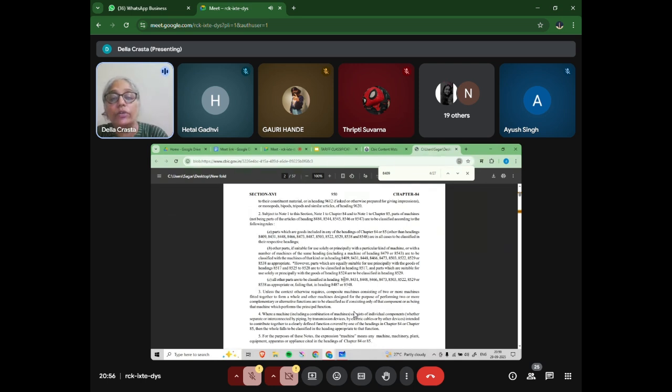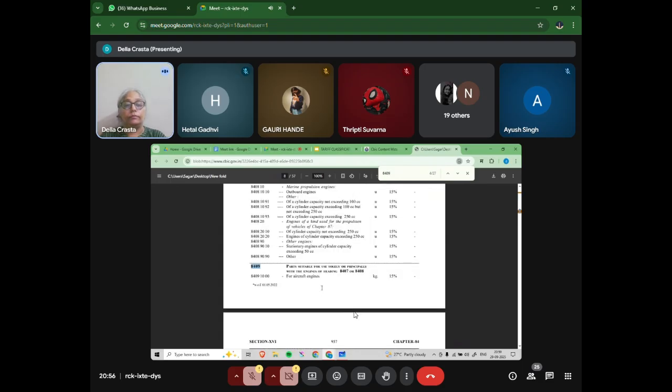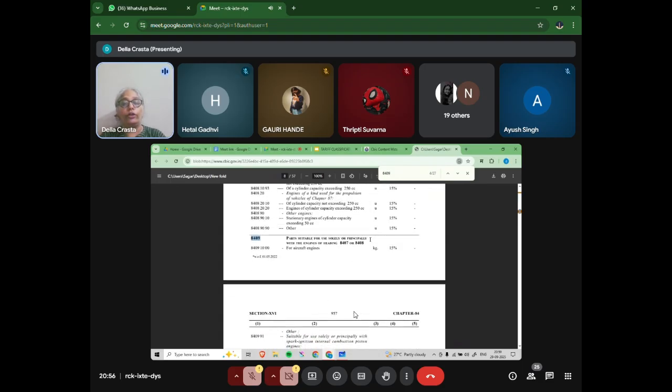Ours is 8409. Parts suitable for use solely or principally with the engines of headings 8407 or 8408.